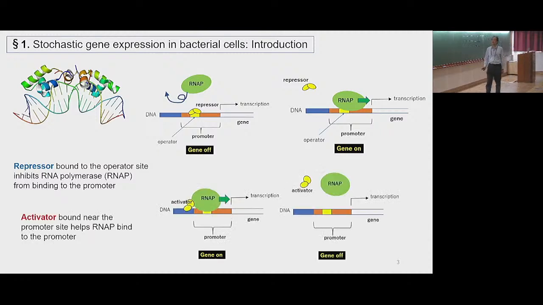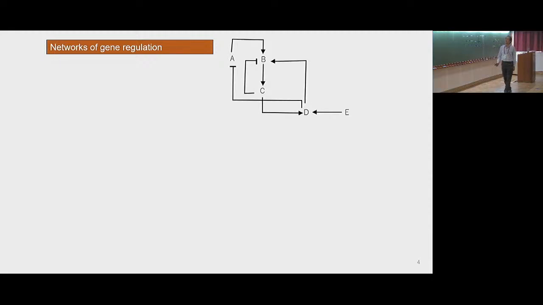Or oppositely, when an activator binds near the promoter, it recruits RNA polymerase. And if the activator unbinds, the binding affinity of this promoter is not so strong, so RNAP dissociates from the promoter and the gene is switched off. This type of regulation constitutes the gene network, because the repressors or activators are also products of gene expression.